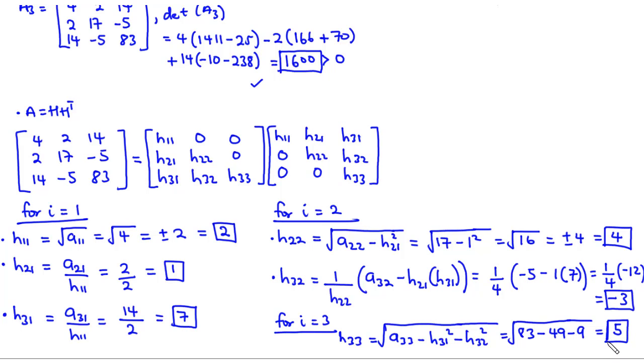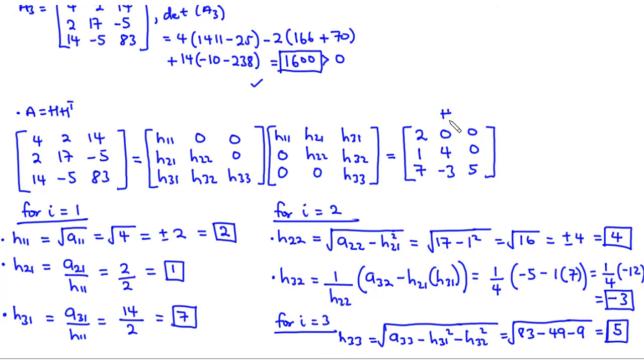So we've been able to find the values of all the 6 unknowns. Therefore, we have the coefficient matrix A equal to H, which is given by H11 to be 2, H21 1, H31 7, and then we have a 0, H22, that is 4, H32 negative 3, and then we also have 0 0, and then H33, that is 5.